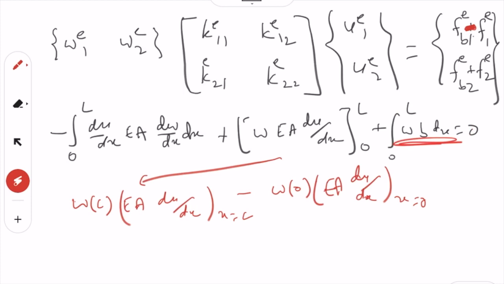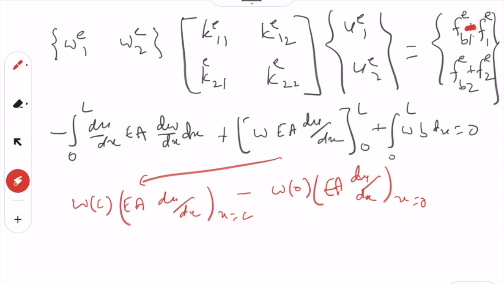This force, if E is positive here, the one at L is positive, the one at 0 is negative, and hence the one at L will be positive, meaning this one Fe2 will be positive because it is at L, and the one at x equal to 0, Fe1, will be negative. Both have opposite sign, hence you get the opposite sign here, hence this will be negative.